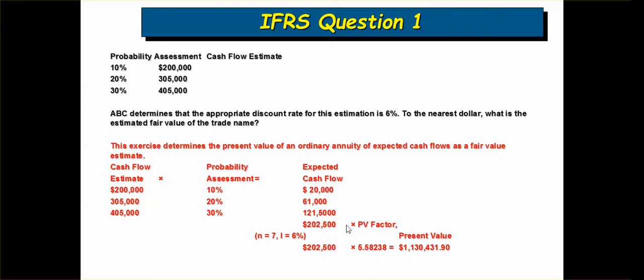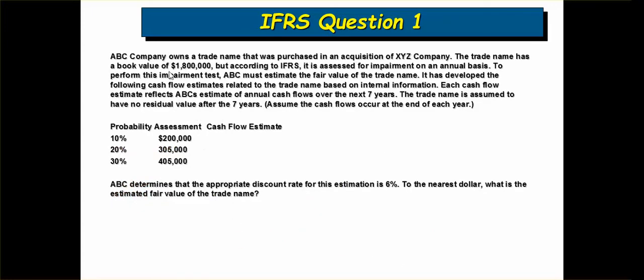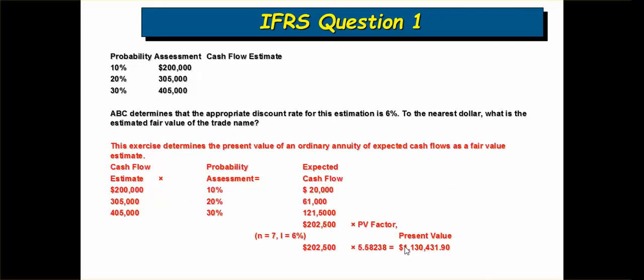And you see the stuff's a little bit out of alignment, but that's okay. So 202,500 times 5.58238 equals a present value of 1,138,431. So that's helping us to determine how we're going to impair this from a book value of 1.8 million to what? Well, that's the present value, 1,130,000 basically.